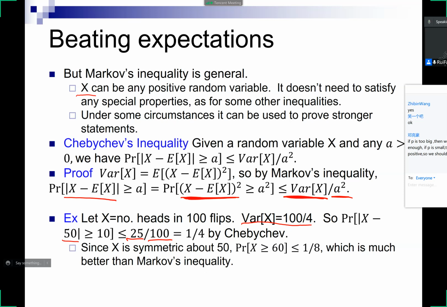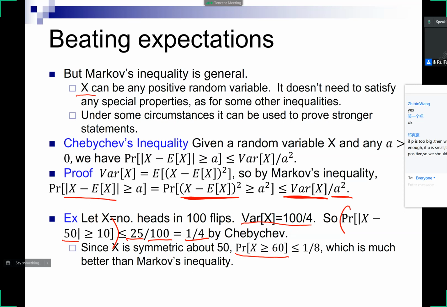Now if you only care about the probability you get more than 60 heads, this probability over here is the probability that you get either more than 60 or less than 40 heads. But these two probabilities are equal to each other. You have the same chance of getting more than 60 heads or less than 40 heads, because you have exactly a 1/2 probability of getting heads. So the probability of getting more than 60 heads is going to be 1/2 of this, so that's going to be 1/8.